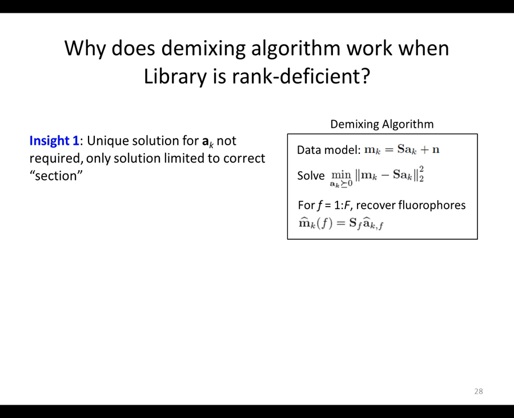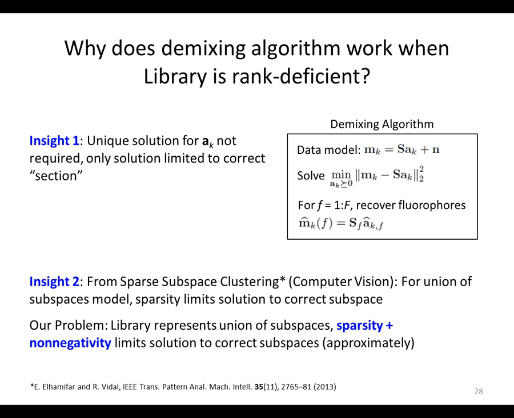So what kind of an algorithm can give us that? Well, there's been some recent work in the computer vision field in an area called sparse subspace clustering. And what these folks have shown is that if you have a matrix that represents a union of subspaces model and you ask for a sparse solution, that limits your solution to the correct subspace. So the way that this applies to our problem is that the library represents a union of subspaces. Each subspace corresponds to a different fluorophore.